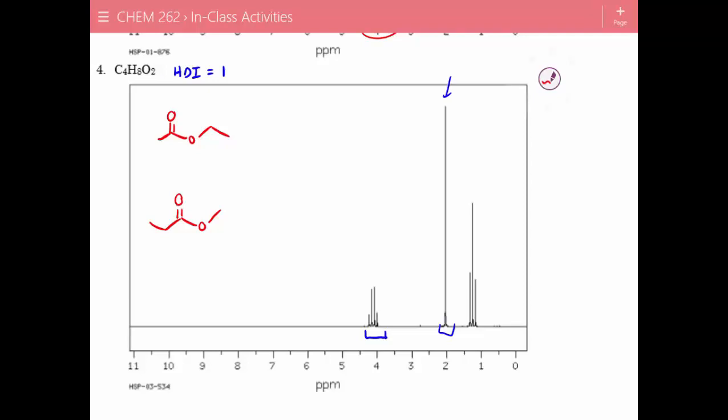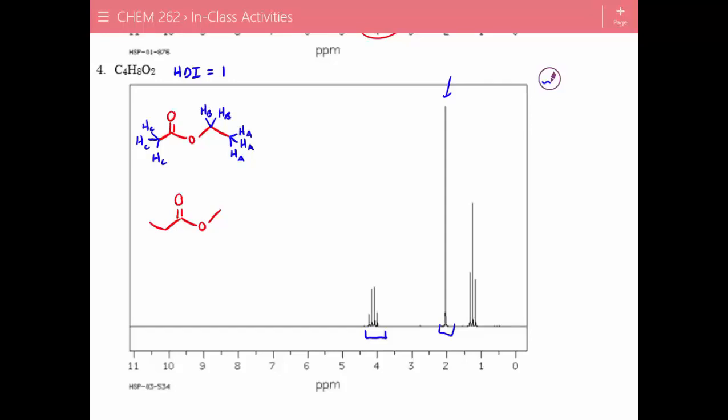If we look at this, I'm going to label these protons. I'll call this HA, and I'll call this one HB, and I'll call this one HC.